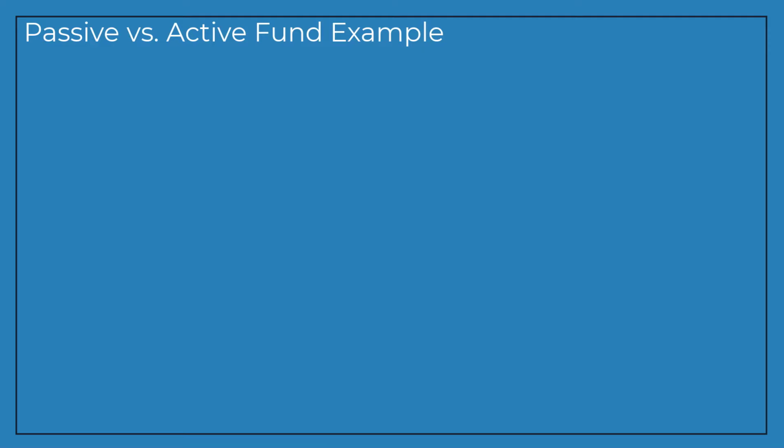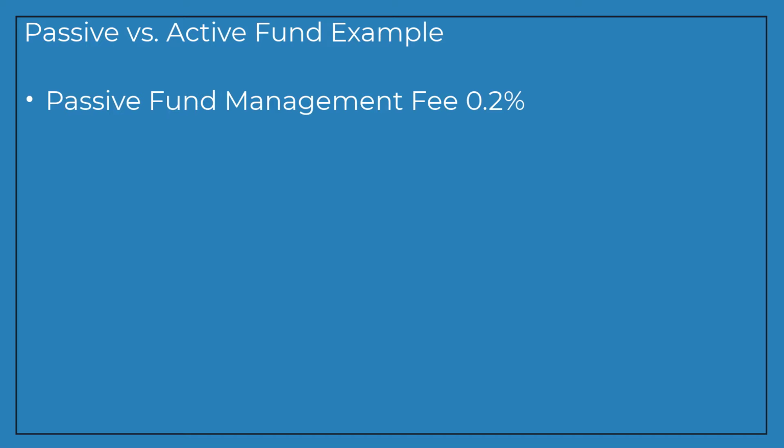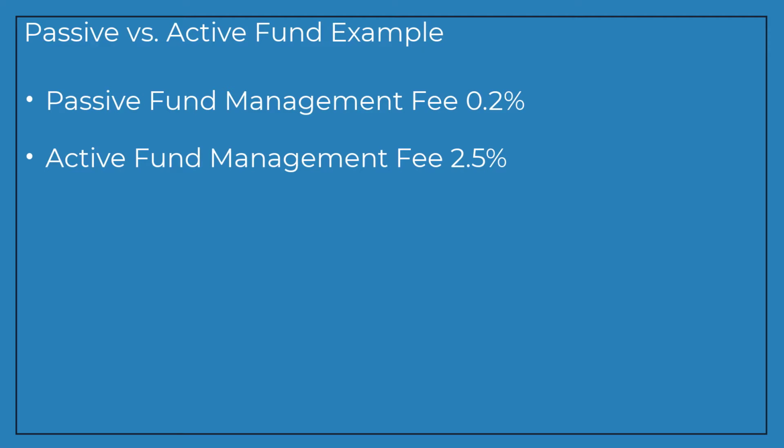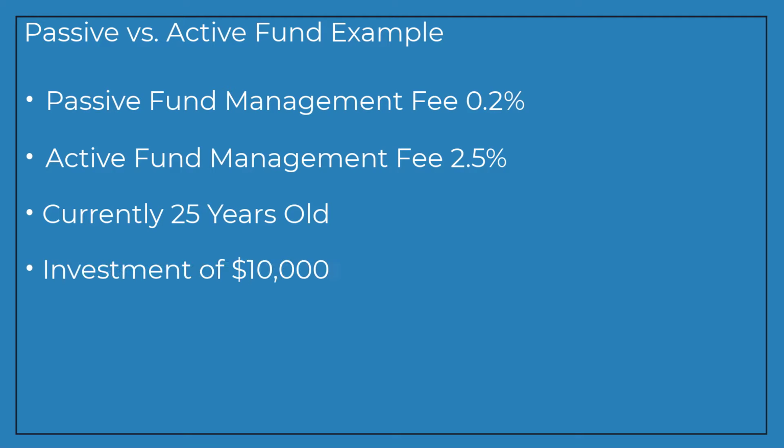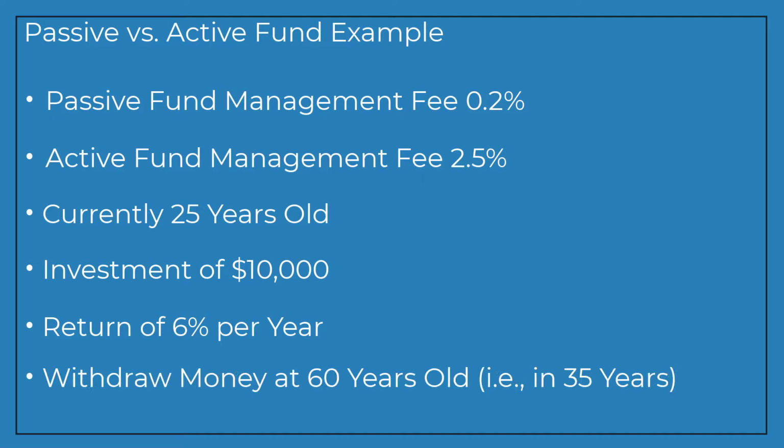Let's also assume that the management fees, and you may also see these referred to as the expense ratio, are 0.2% and 2.5% respectively. You're currently 25 years old, you'll invest $10,000, and you're going to make a 6% yearly return, and we'll take the money out at 60 years old.